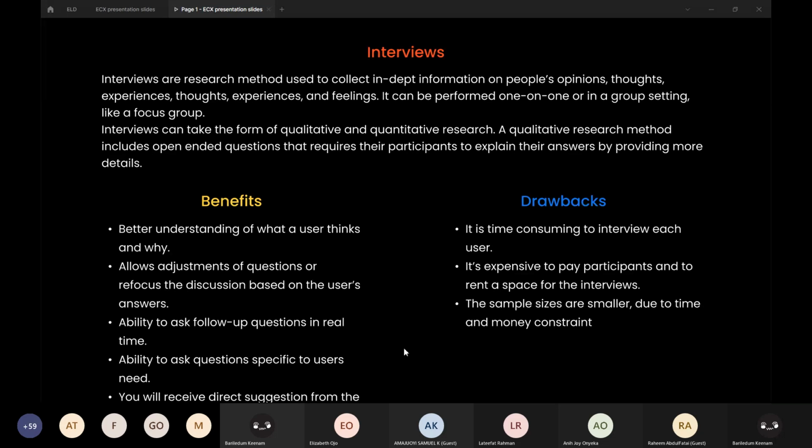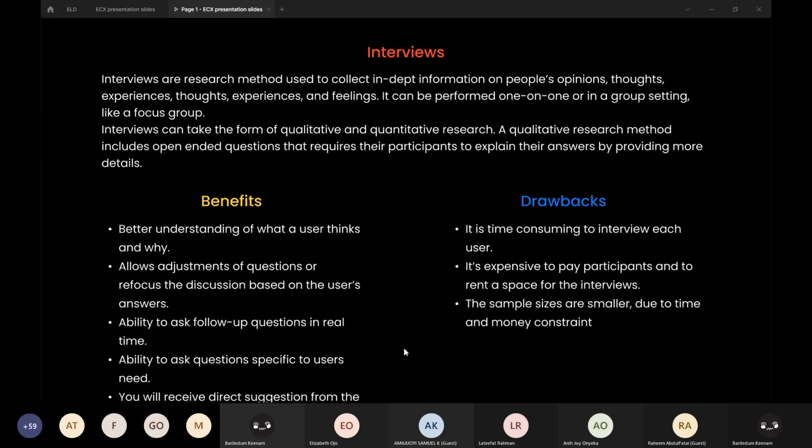Follow-up questions are questions that you ask after the user gives their response. Unlike surveys where you just have them click or give short answers, you can ask them for in-depth answers, so they give you the answers in detail.